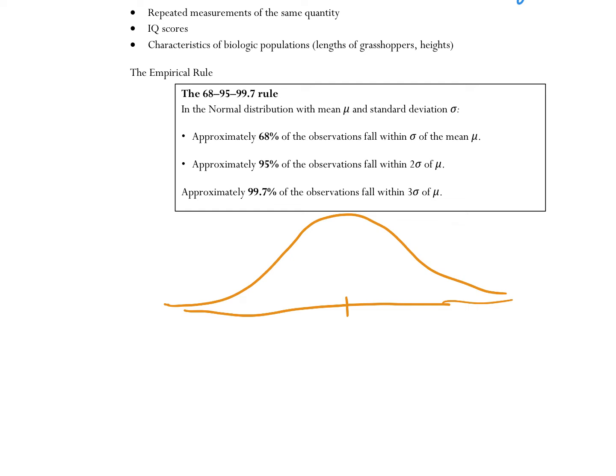If I go one standard deviation away on each side of my mean, that contains 68% of the values. In other words, the relative frequency for the group that's here, one standard deviation on each side, is 68%.